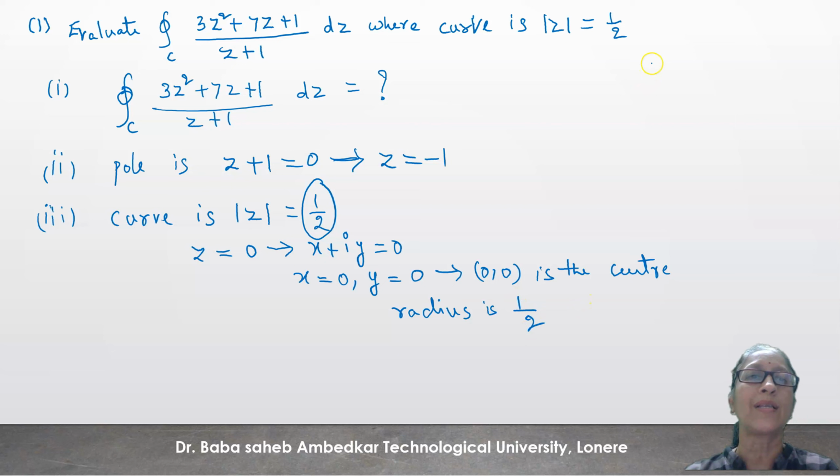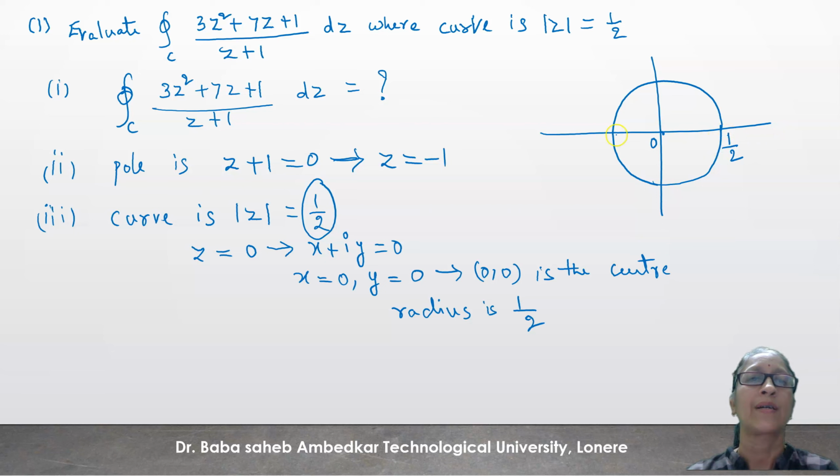So if you plot this curve, this is the origin, and here the radius is 1 by 2. Here also this is minus 1 by 2, right? Now, our singularity is minus 1 in this question. The pole is z equal to minus 1.